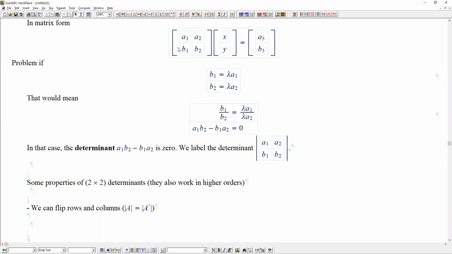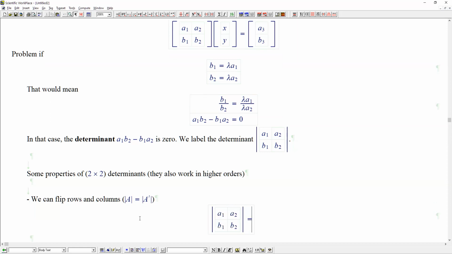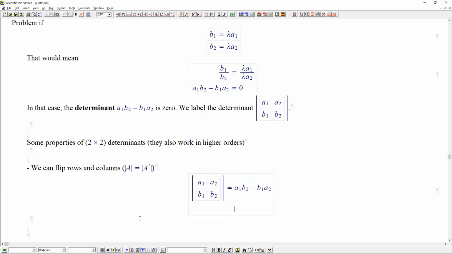So if I have the determinant of this, it is A1 B2 minus B1 A2, and the determinant of the matrix where I flip these two, well, of course, it's going to give the same thing.